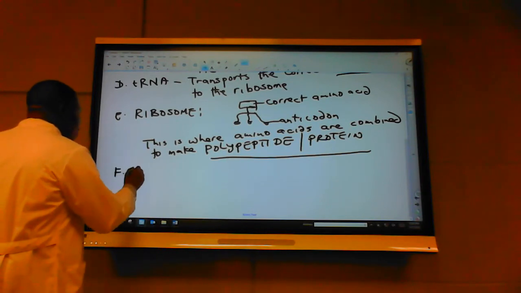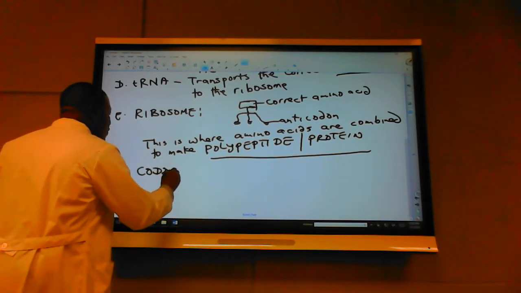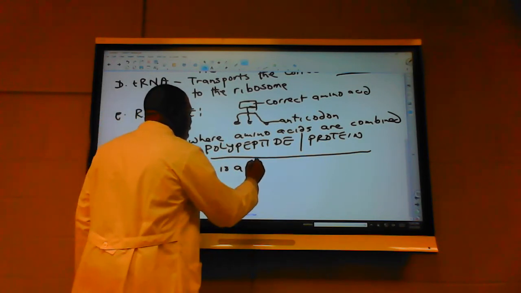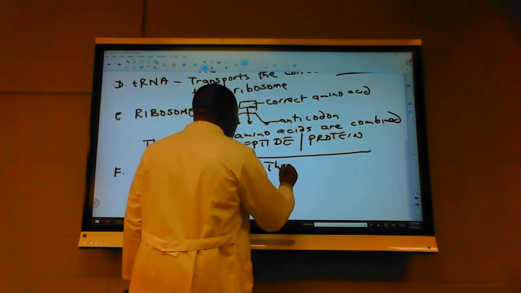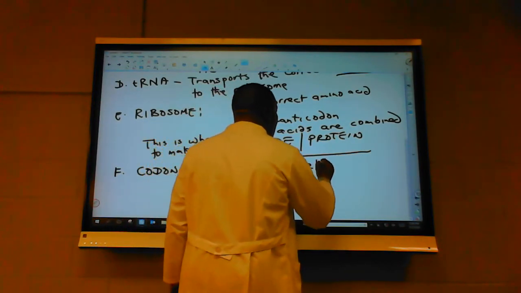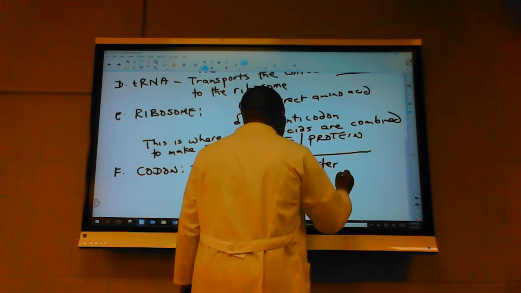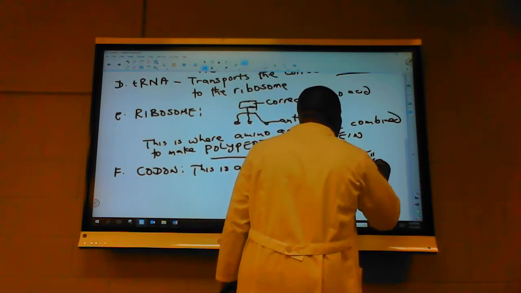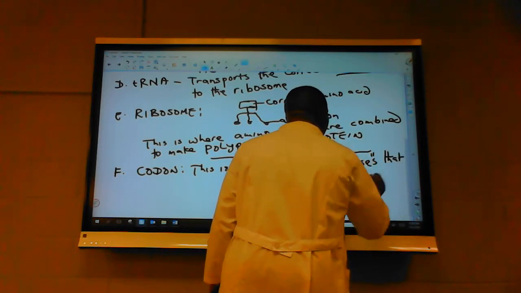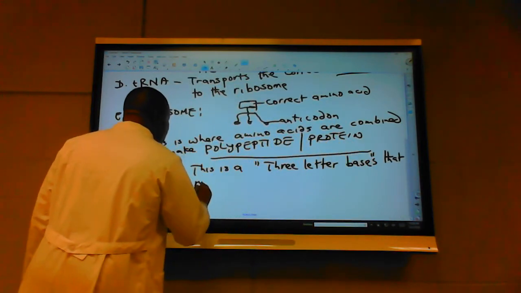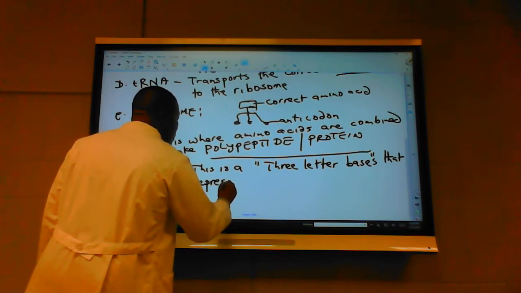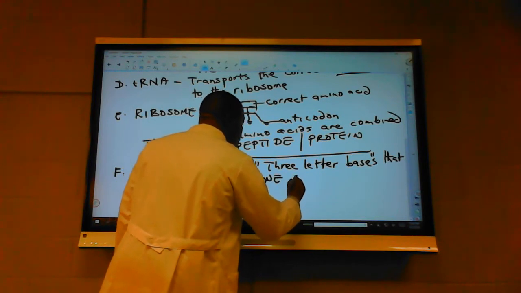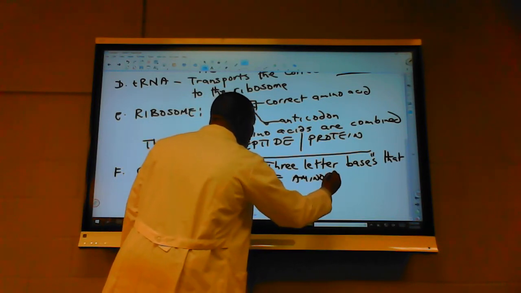The next would be codon. So let's go to F, codon. So what does the codon do? This is a three-letter base that represents one amino acid.